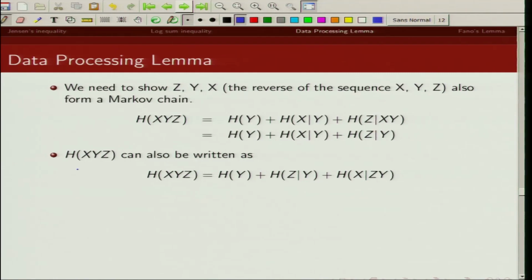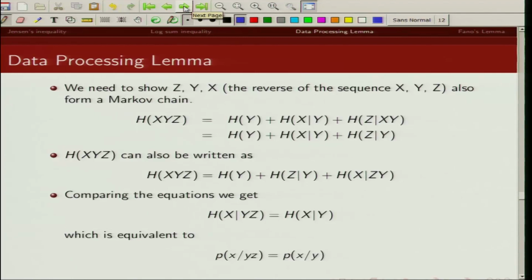Now we are writing this joint entropy again using the chain rule in a different way. So I can write the same thing as h of y plus h of z given y plus h of x given z, y. Now let us compare, this is joint entropy given by this expression and this is joint entropy of x, y, z given by this expression.